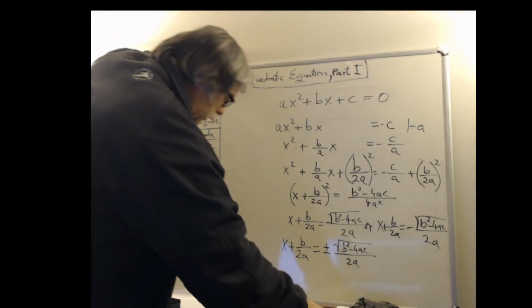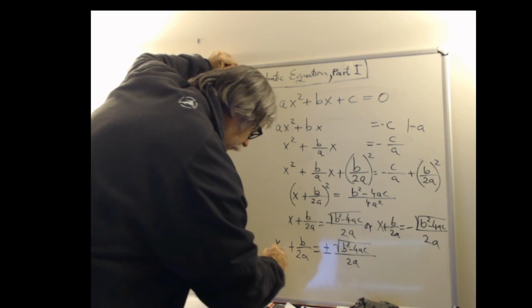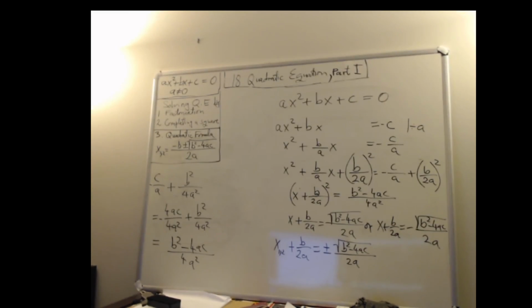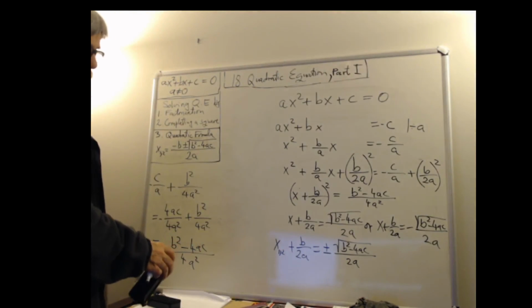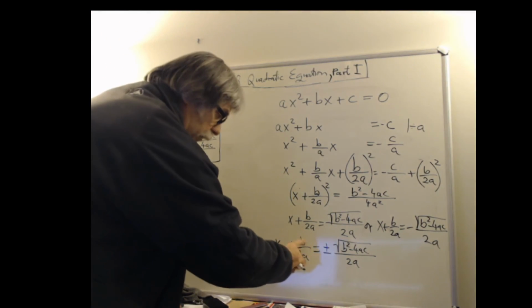But there are two formulas, so one for one solution, one for the other solution. And the next step is obvious. I need to get rid of this piece here.